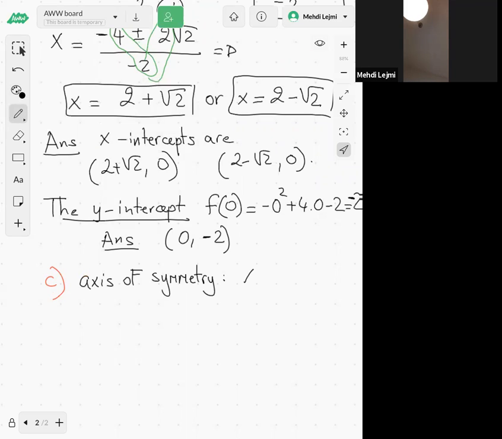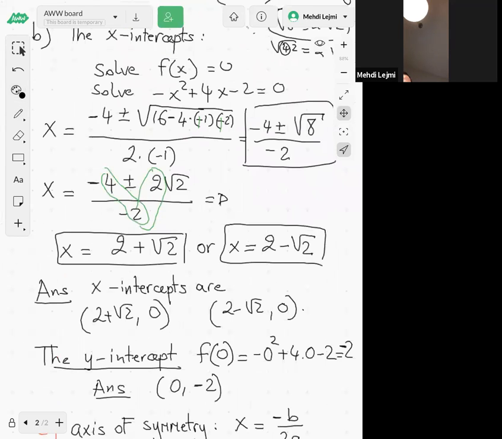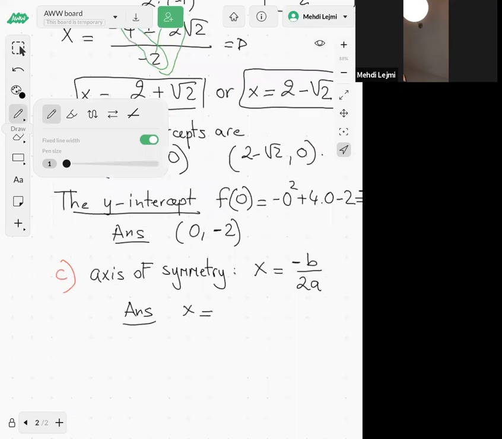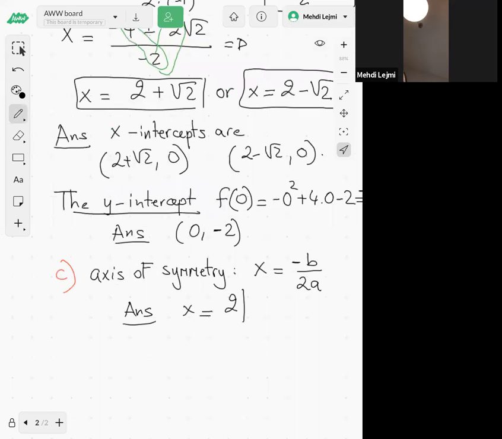So x is minus b over 2a, and we know that. So the answer here is x equal to minus b over 2a, which is the same as the vertex, positive 2. So here we're gonna have x equals positive 2. That's the axis of symmetry.